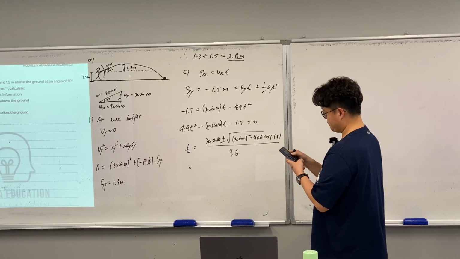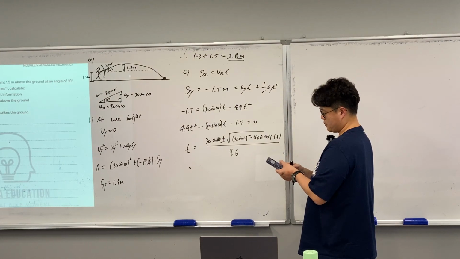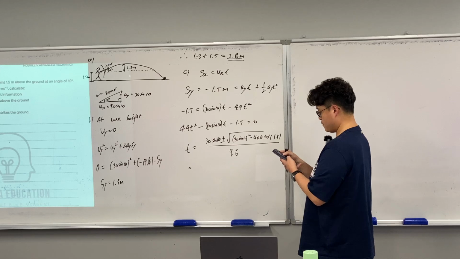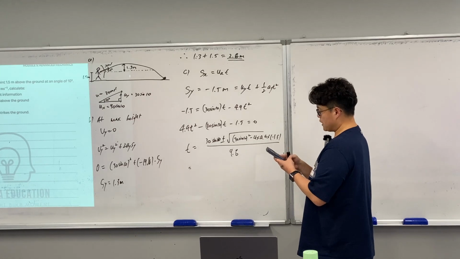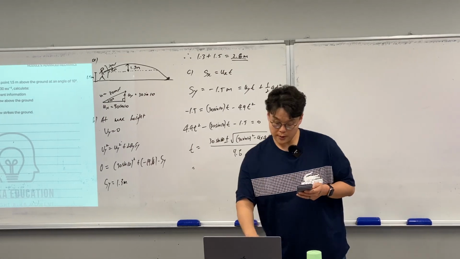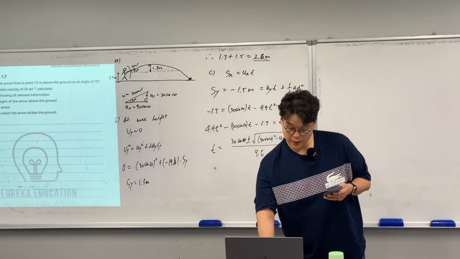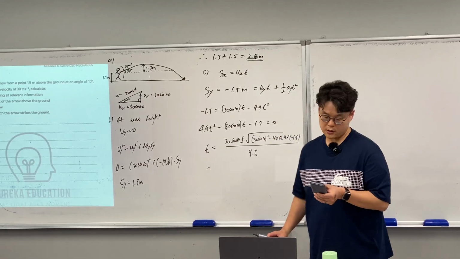Oh, crap, okay, I have to do it again. The square root of that, then I add the 30 sin 10 and divide by 9.8. You should get around 1.29, no, I get a different value.